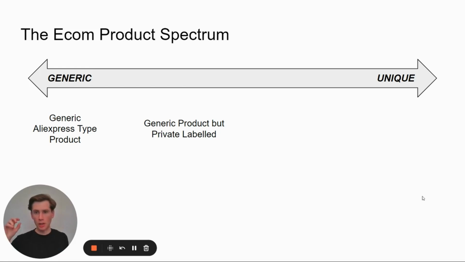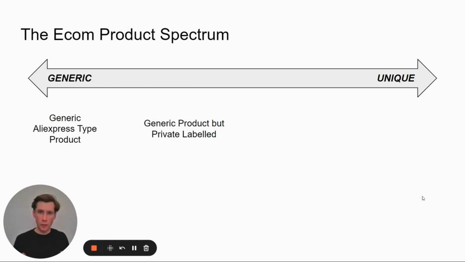That means actually putting the name of your brand on the product, on the packaging, maybe having a leaflet in the packaging. There are other places where you can put your brand name, right? You can laser it onto the product. You can literally put a sticker on top of it. There are many variations there, but the point is that when the customer receives the product, it's at least differentiated by the name that's on it. There might be hundreds of thousands of other merchants selling the same product, but the name is still a differentiator.